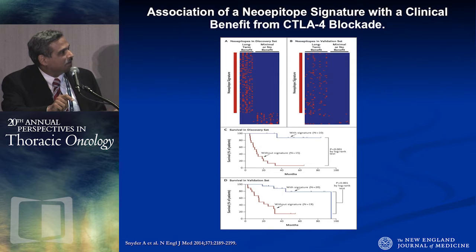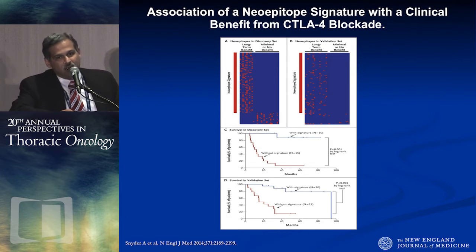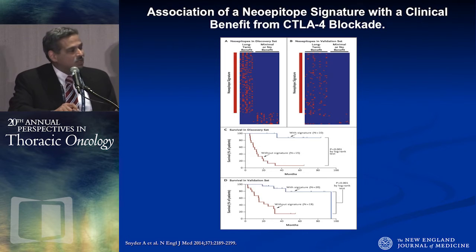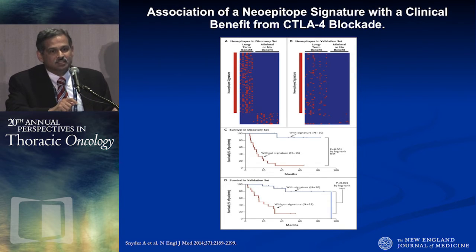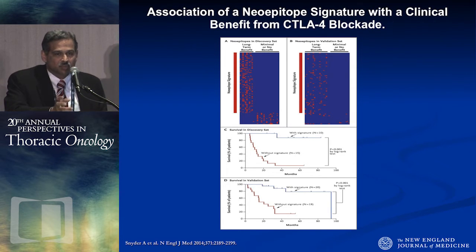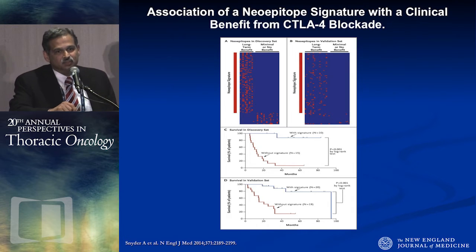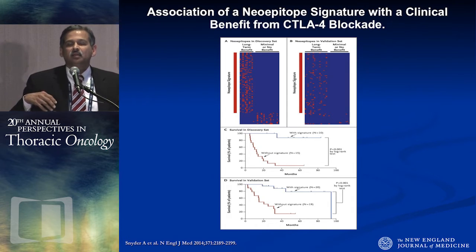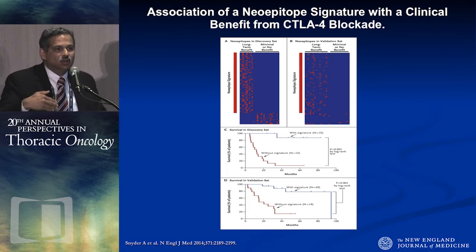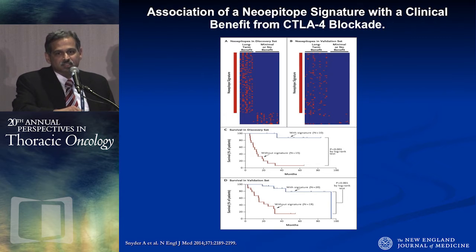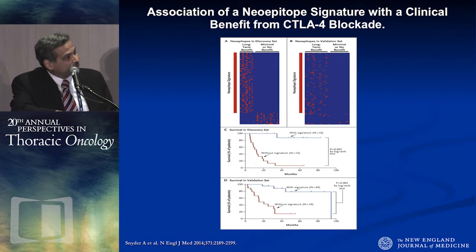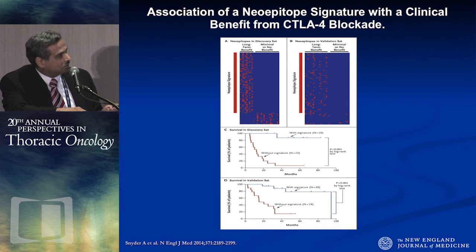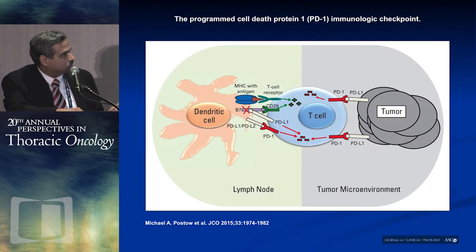This was validated in another group of about 35 patients. It's not clear whether a similar genetic signature will be valuable in non-small cell lung cancer as well, but it does appear that expression of a certain number of tumor antigens is relevant for seeing efficacy with both anti-CTLA-4 as well as anti-PD-1.